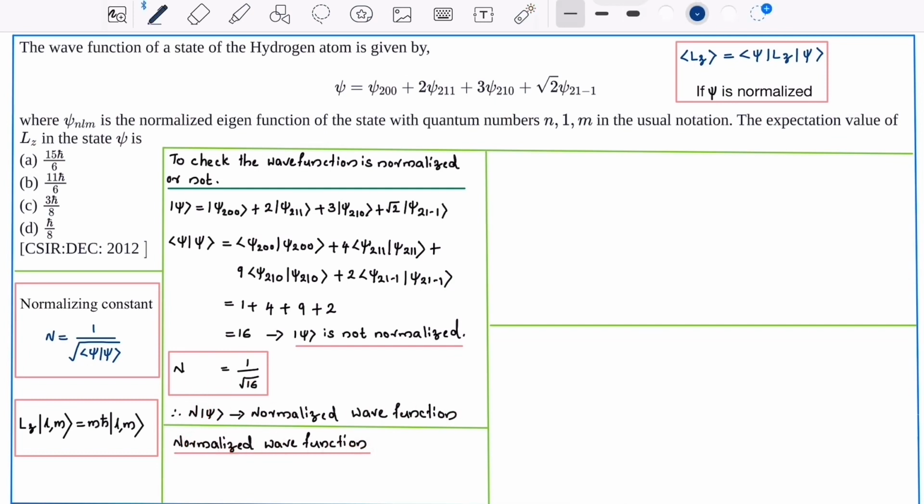Now let us write the normalized wave function psi. This is equal to 1 by root 16 psi 200 plus 2 by root 16 psi 211 plus 3 by root 16 psi 210 plus root 2 by root 16 psi 21 minus 1. This is the normalized wave function.